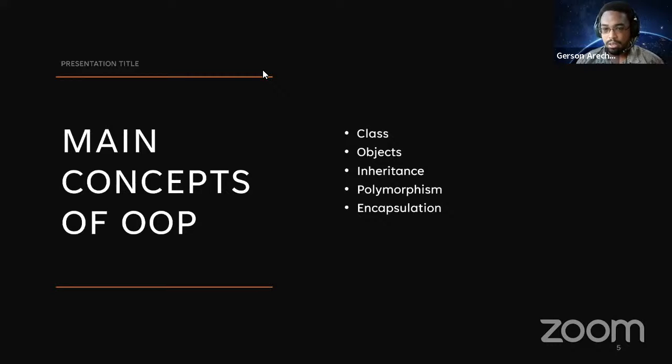Polymorphism basically means many forms. Let's say you have a class and a couple of functions that have the same name. You create a couple of classes that inherit from the main class. When you inherit from the main class and it has the same method, that's basically what polymorphism is.